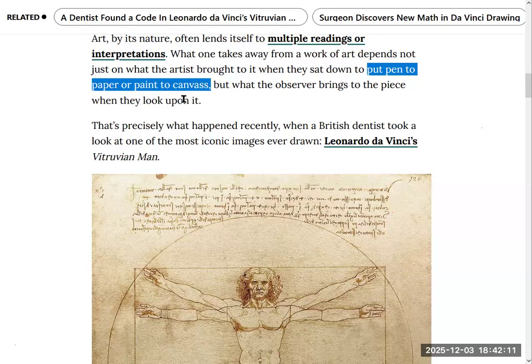So canvas in this context is a surface on which paint is applied to make a picture, something like that. Another use of canvas: probably most of all the canvas that has been made in the world has been used for sailing ships. The sail of a ship is made out of canvas.